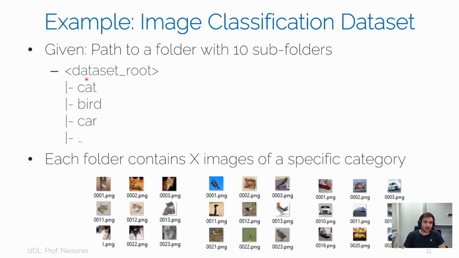You can see this dataset folder has folders called bird, cat, car, and so on. Each of these folders is going to contain a specific amount of images of that category. Obviously, in the cat folder you're going to have images of cats, in the bird folder you have birds, and in the car folder you have cars.